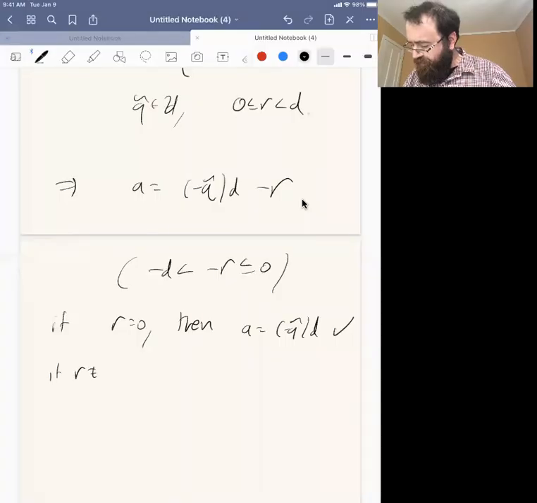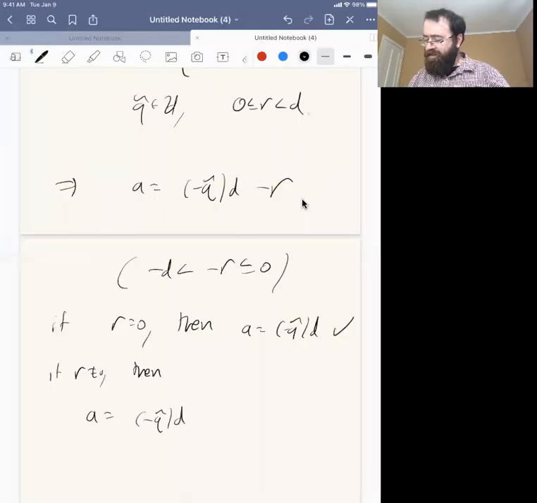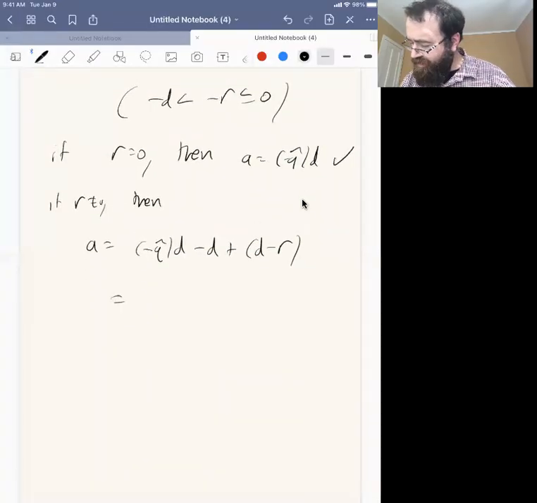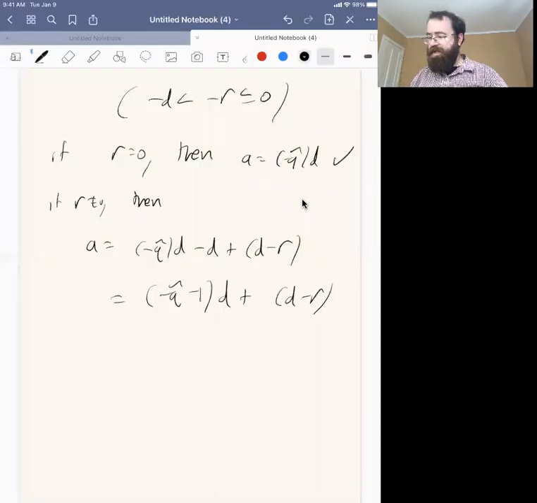If R is not equal to 0, then I'm going to do this. I'm going to write A is minus Q tilde times D minus D plus D minus R, right? So now this can more conveniently be written as minus Q tilde minus 1 times D plus D minus R. Now, where does D minus R live? Let's look at the top equation. We have minus D less than minus R less than or equal to 0.